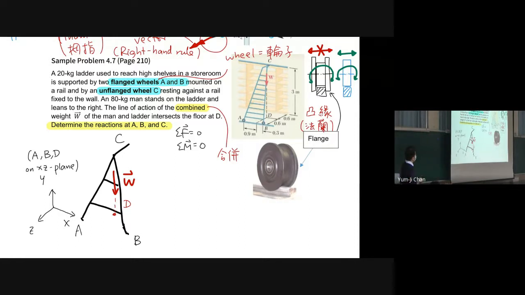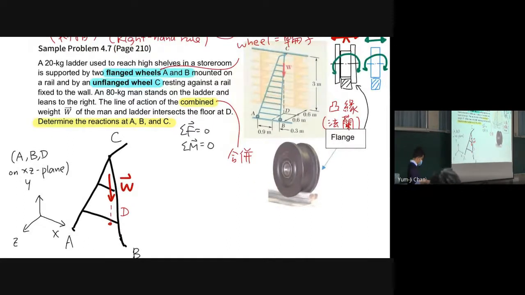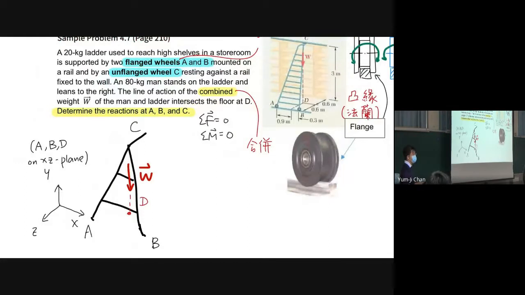And points A, B, and D are all on the floor or on the AC plane. So this is the one given in the figure.